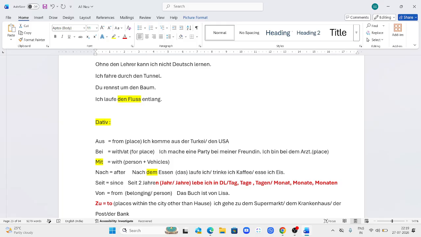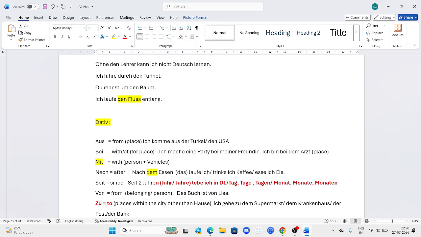So you have to remember, aus bei mit. Aus means from. It's for the place. You have learned this. Ich komme aus Haryana. Ich komme aus Kerala. Ich komme aus Karnataka. Because we use a proper noun next to aus, you don't have articles. But if you say I'm coming out of the bank, aus der Bank.